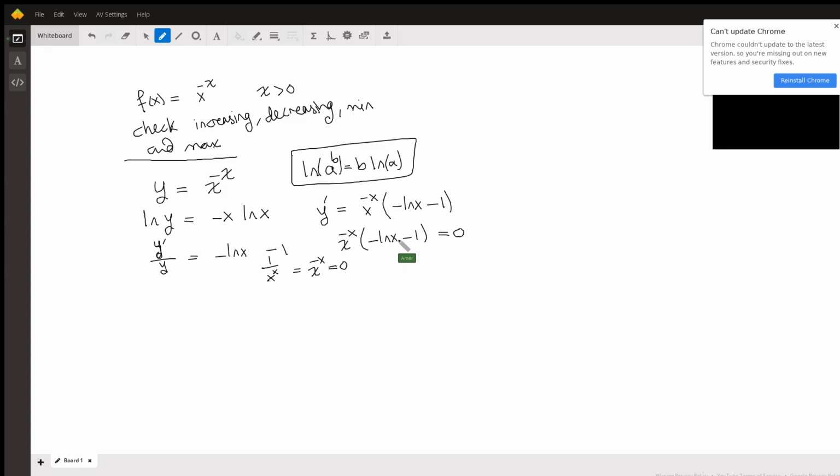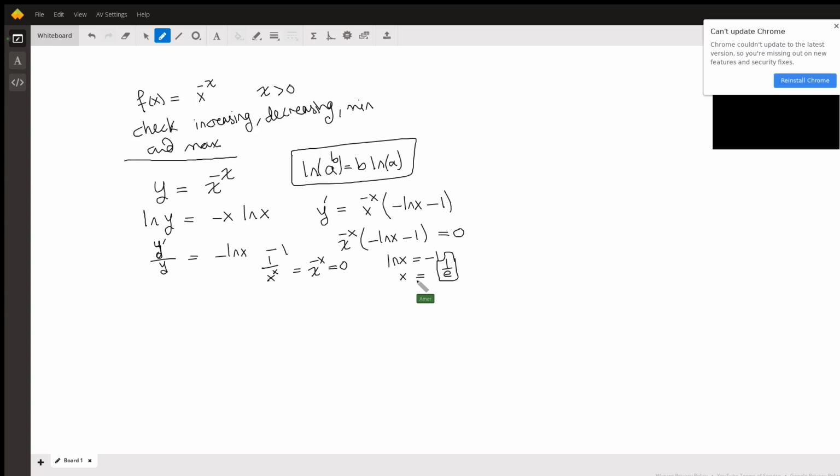And for the other one, we solve it. So we will have ln of x equals negative 1. Does this have a solution? Yes, so x is going to equal 1 over e. 1 over e is our critical value.